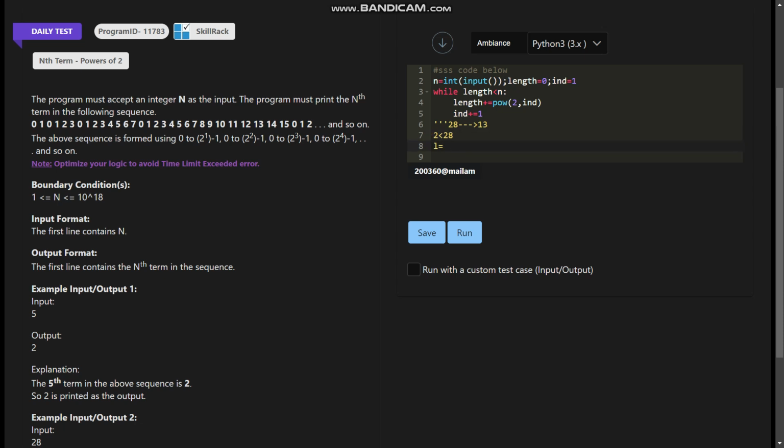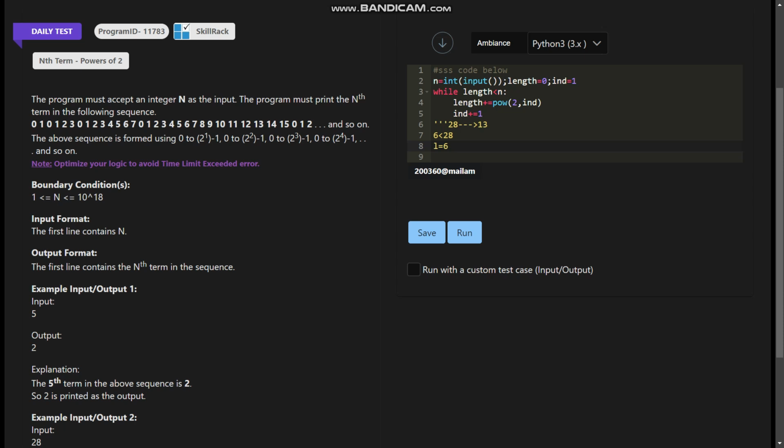Then 2 plus 4 is getting added. Length plus equal to power of 2 comma index means length equals length plus power of 2 comma index. So now the value of length becomes 6. 6 less than 28, yes, this is also true.